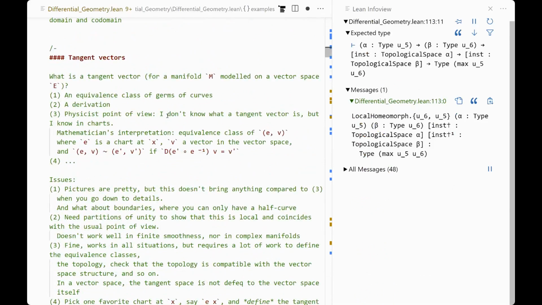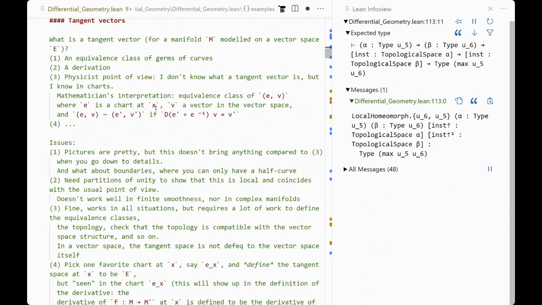Another design decision is about tangent vectors. There are many different choices you can make for the definition of a tangent vector. You can say, we look at all the curves through that point, and then we look at all the germs of curves, and then we take equivalence classes of those.